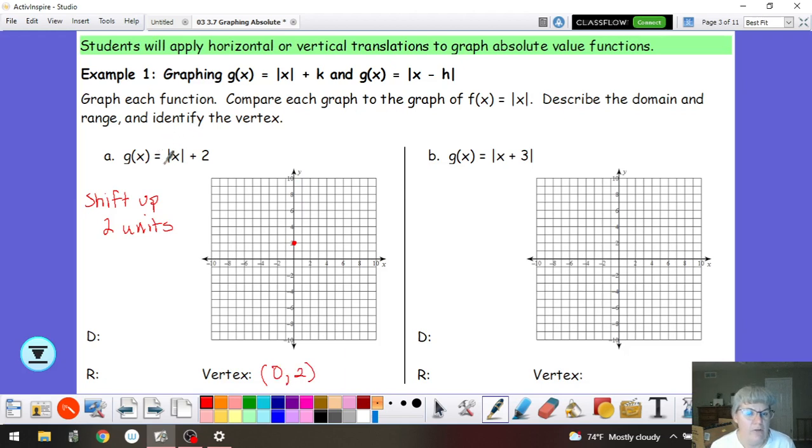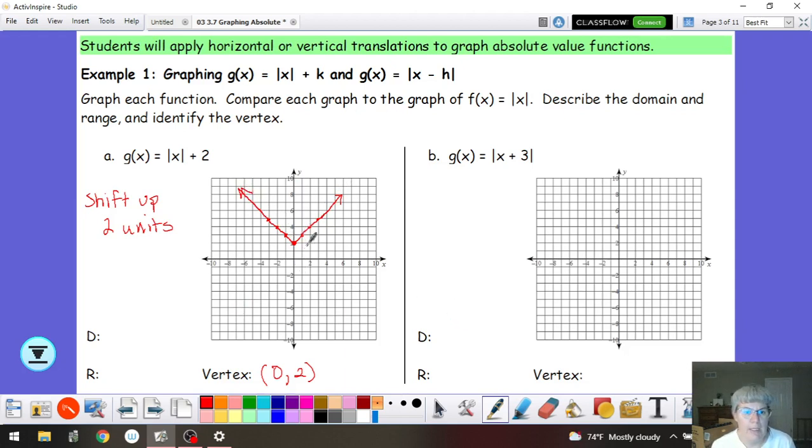I don't have any value in front of my absolute value to tell me if there's any stretch or shrink, so there isn't any. From my vertex, I'm going to go up 1, right 1, up 1, right 1 along the right side. On the left side, it'll be up 1, left 1, up 1, left 1. Then we can graph our function by going through the points.